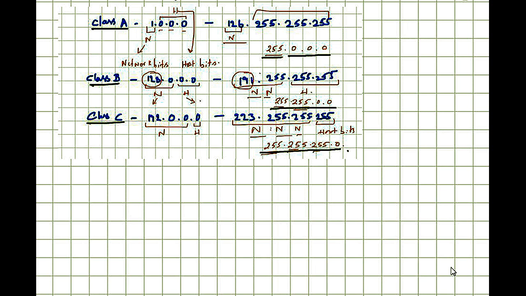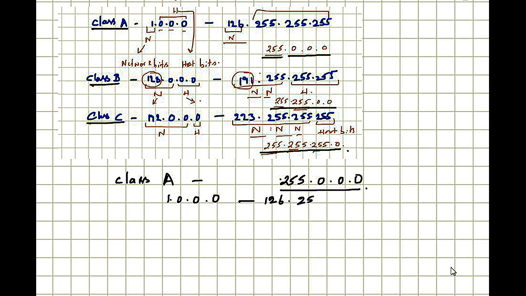But why is the subnet mask required? Because if we take a Class A network with the default subnet mask of 255.0.0.0, the range is 1.0.0.0 to 126.255.255.255.